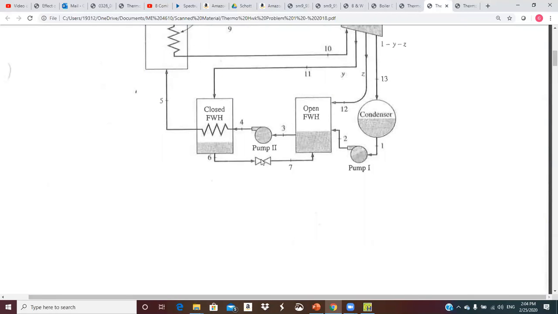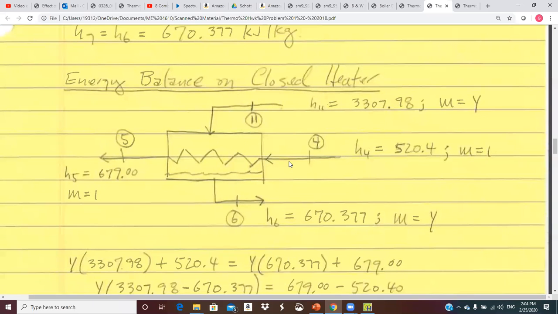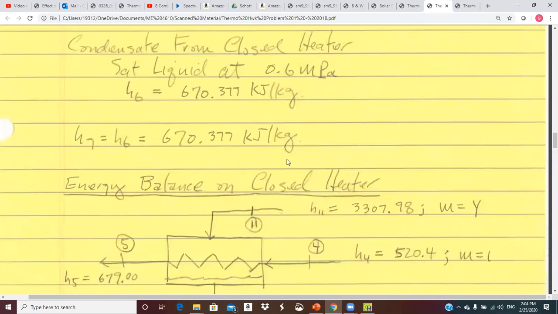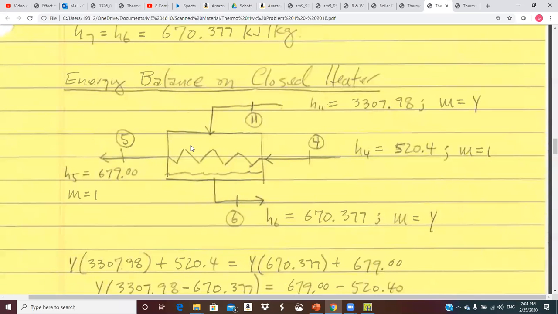This is the easiest one, because if you know H6, you know H7: the enthalpy is constant across a throttling process, except for changes in kinetic and potential energy, and we're throwing that away. So that's pretty easy. Okay, so we have all of our enthalpies.